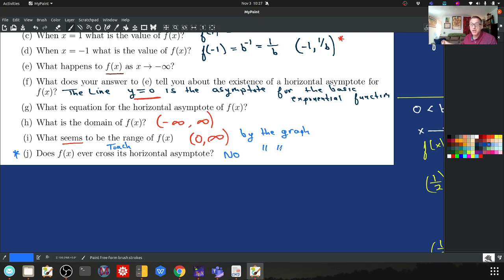But that's really hard, right? That's not a really good answer, because I can never see what goes on at minus infinity. No matter how negative the value is, there are values that are more negative.